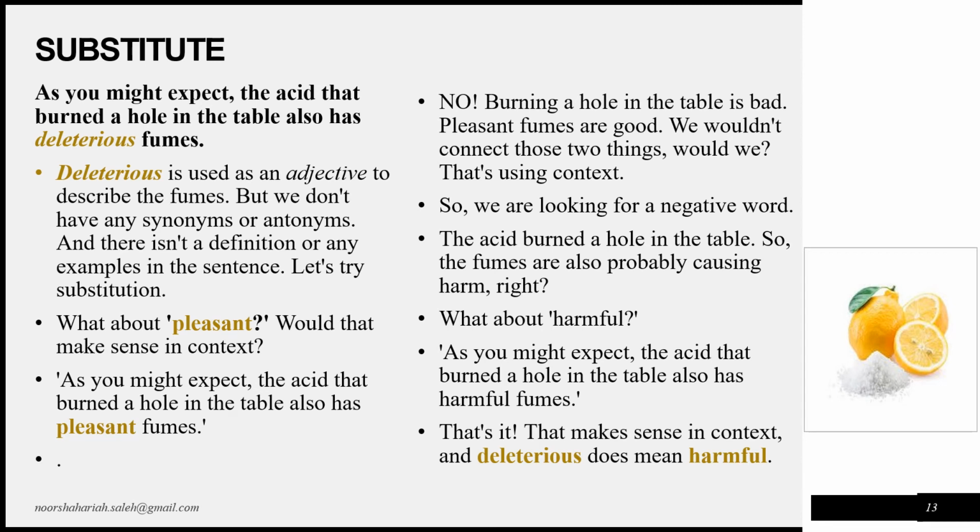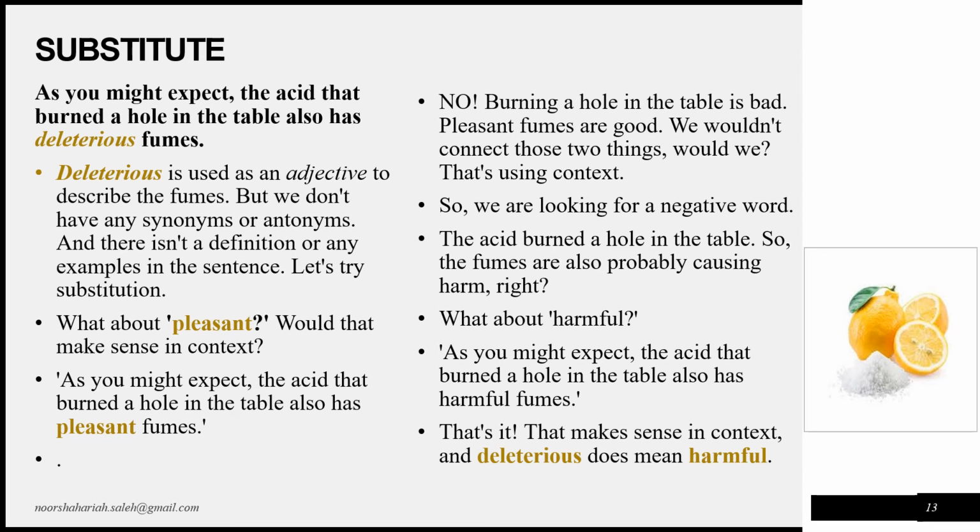The word also means it shouldn't be going against. Pleasant is a word that shows positivity, something good. Pleasant fumes would mean a good smell. So it is not suitable to be replaced.